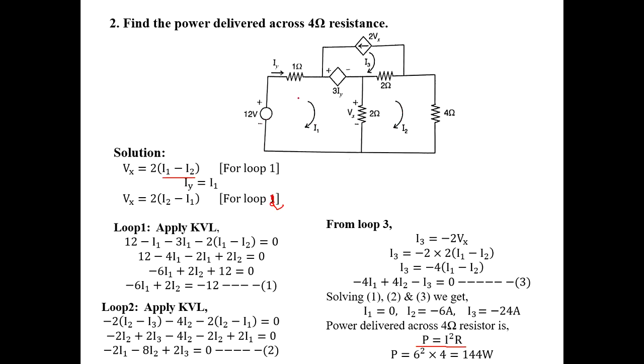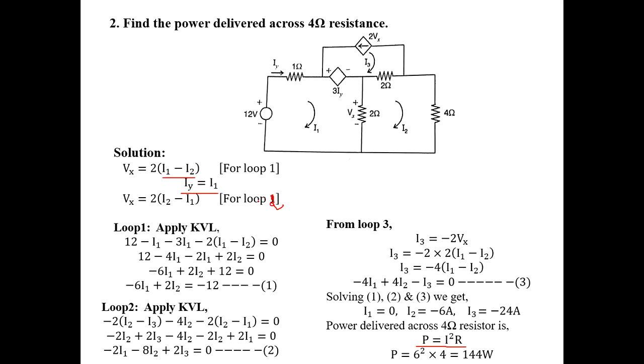Next, from the circuit, we can write Iy equal to I1, because in the problem they given this is the Iy current. Now we consider the first loop current as I1, so Iy equals I1.